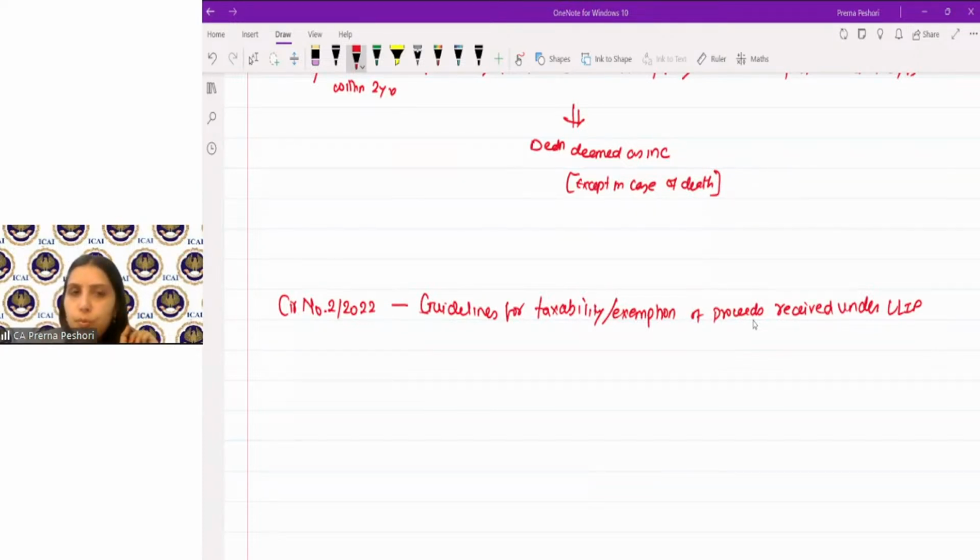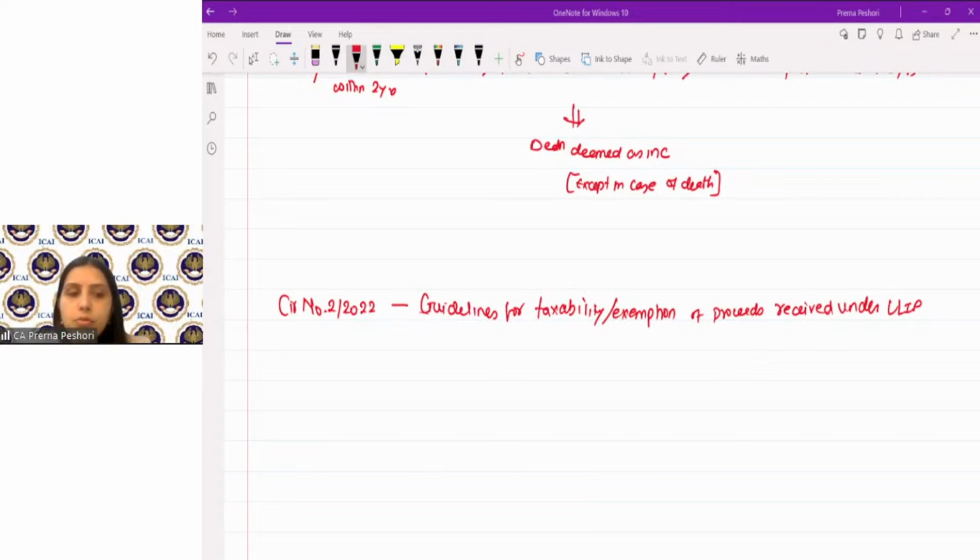Now, what does the circular provide? The first situation is where the sum including the bonus is received on any ULIP. How do we determine the exemption?